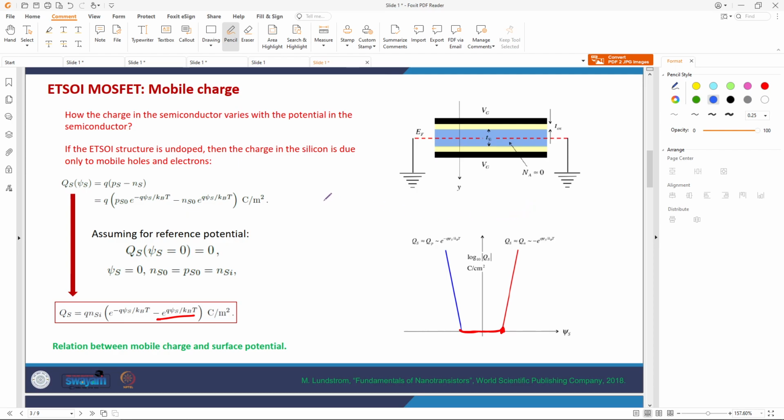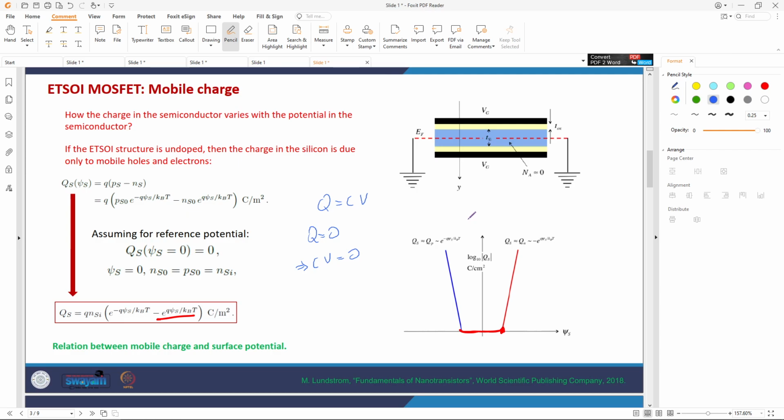Q equals C times V, correct? Now, if Q is equal to zero, then the voltage across it is also zero. That implies there is no voltage drop across the depletion capacitance. So VG will be equal to psi S plus the drop across the oxide. Is that clear?